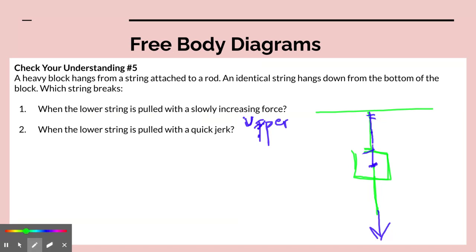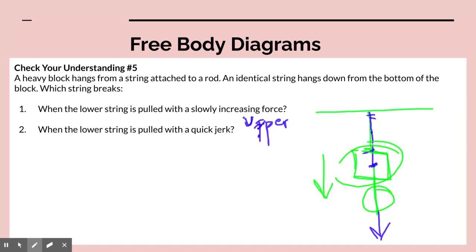Okay, so when the lower string is pulled with a quick jerk, well, in that case, our lower string would break. So why would our lower string break? Well, more or less because of inertia. Because this block has already been sitting in a spot and you have gravity pulling it down at this rate, and then you've got the tension force, the normal force, that's being applied here in the opposite direction at the same magnitude.